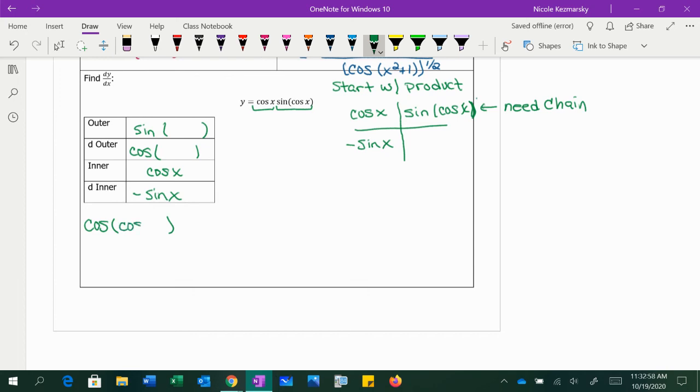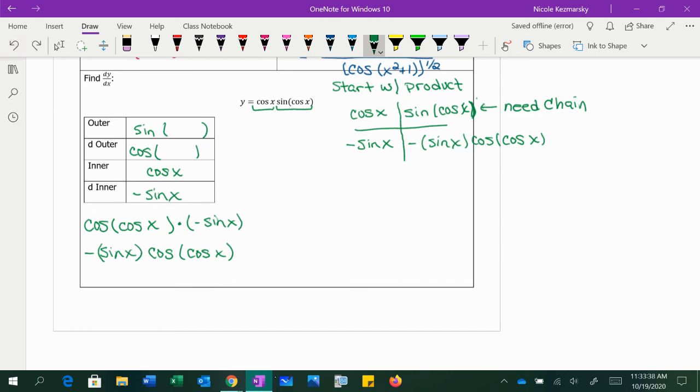That something is going to be cosine of x times negative sine of x, which I'm actually going to write as negative sine of x. I'm going to pull that to the front because it's less complicated than cosine of x, which is not cosine squared, as it were. So negative sine of x times cosine of x goes up there.